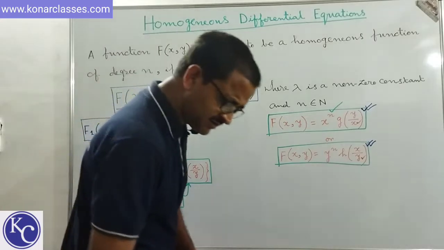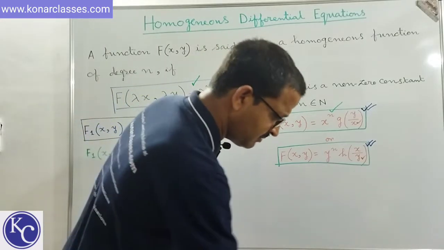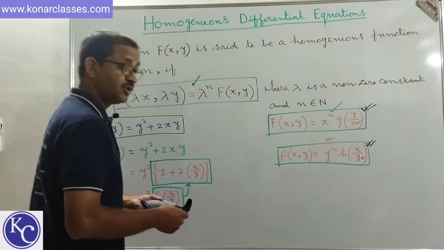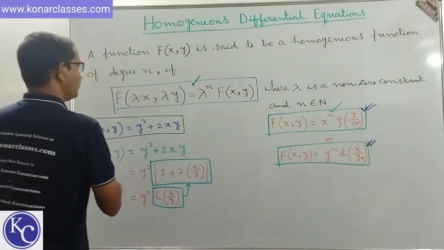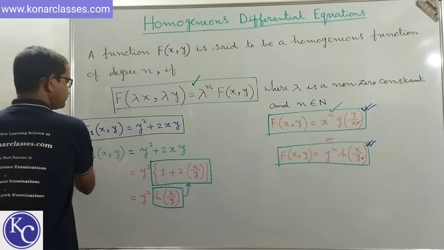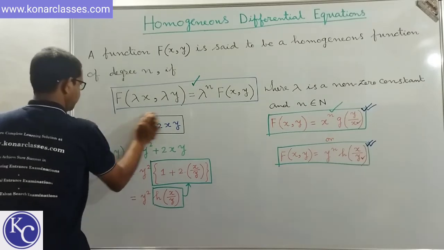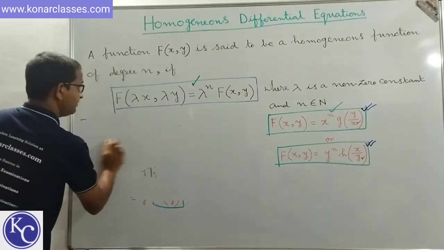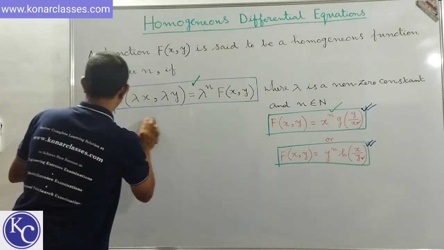Fine. So let us see a couple more functions, and also see one function which is not a homogeneous function. Okay, so I can write the function here. Let me write one here. Let all the three definitions be available, and then we write the functions one by one.